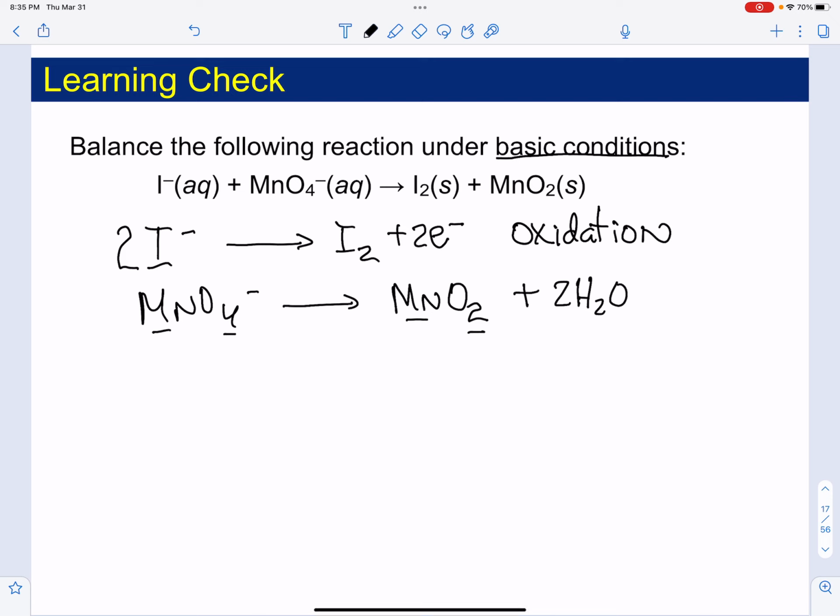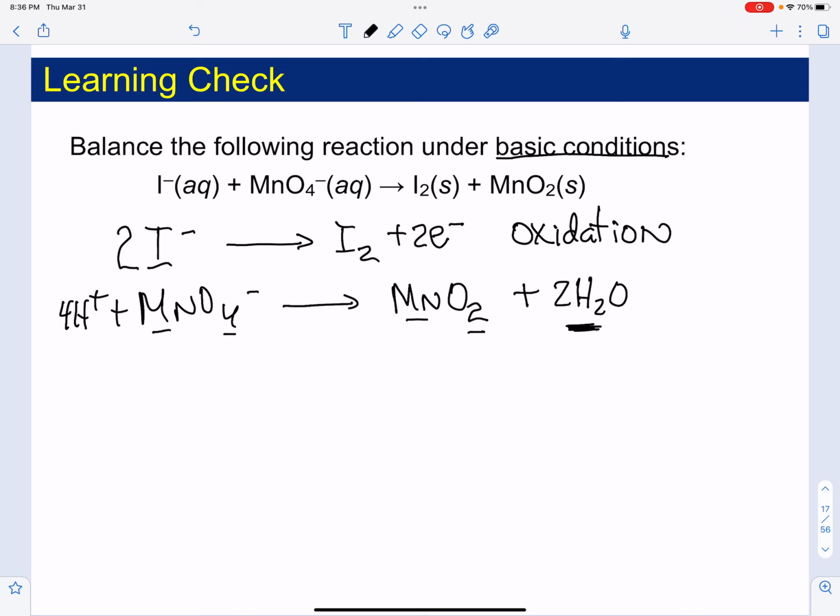So right now I got 1 manganese on the left, 1 manganese on the right, 4 oxygens on the left, and a total of 4 oxygens on the right. However, I just added 4 hydrogens, so I'm going to have to put 4 protons on the left side.